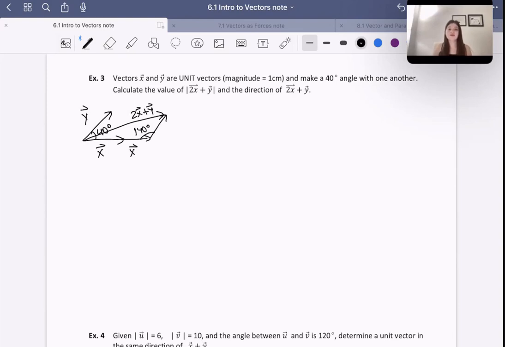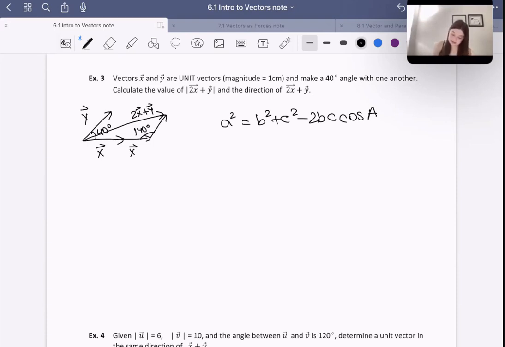Okay, so let's see. a squared, which is going to be our 2x plus y squared, is equal to b squared plus c squared minus 2bc cosine of A. Now, in this specific situation, we would like to find the 2x plus y. We want to find that magnitude specifically.